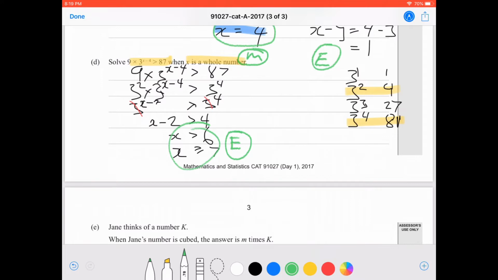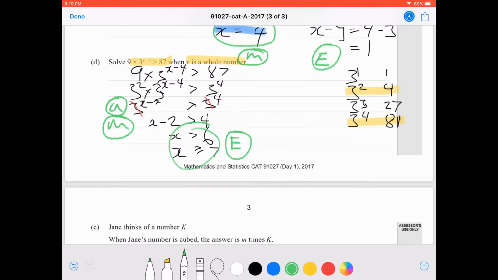So here you'd get an achieved. And your merit, equating of indices. So here is your merit. Okay, let's keep going.